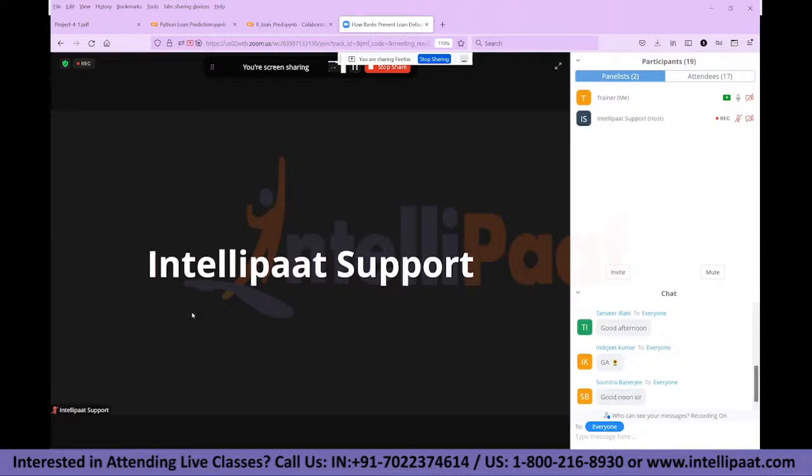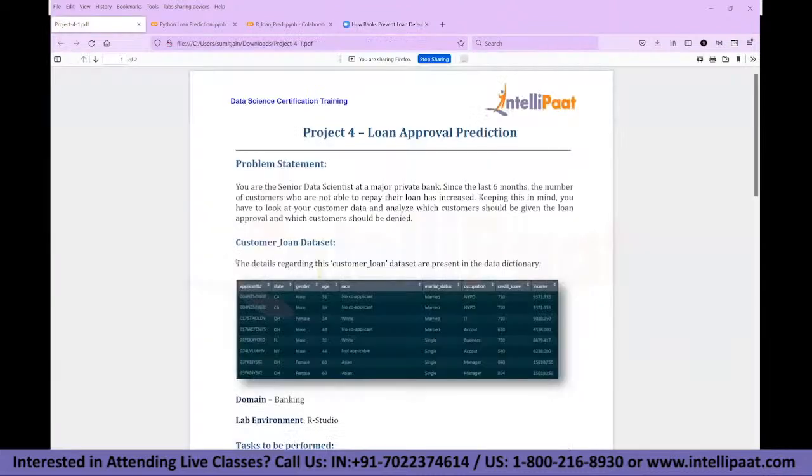Today we will be discussing the loan approval prediction problem, which is one of the major use cases in the market. Financial, banking and insurance companies use loan prediction models to determine if someone is eligible for the loan they're asking for, what their credibility is, and whether there will be any defaults or similar cases.